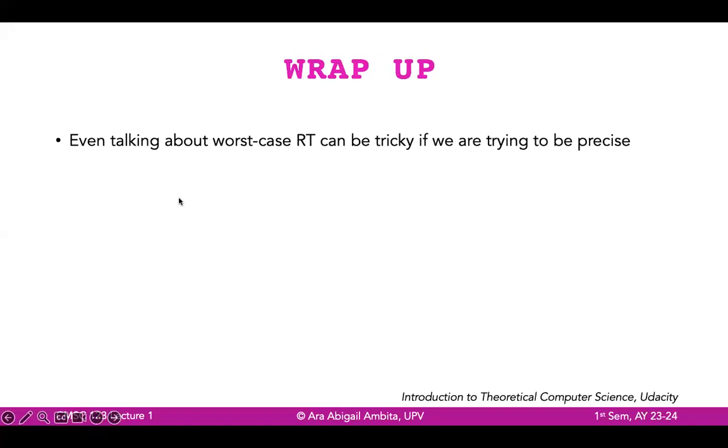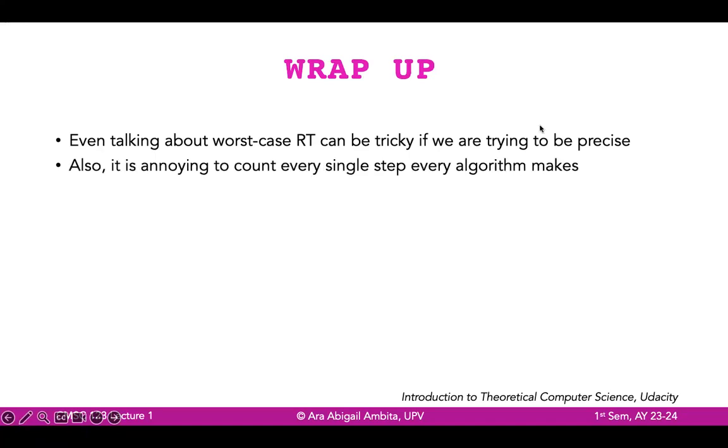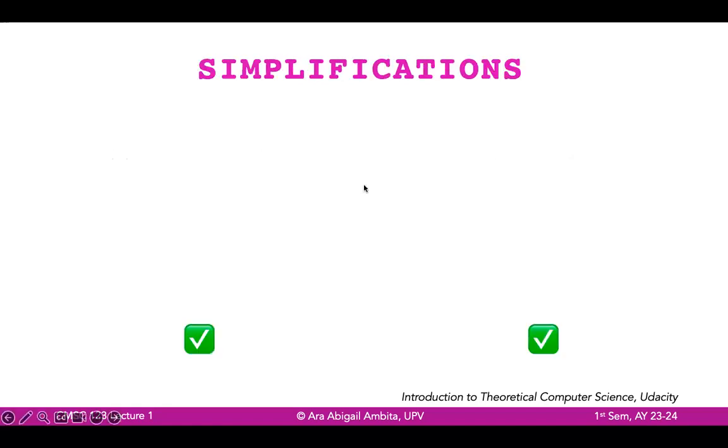Now, even talking about the worst case running time can be a little bit tricky if we want to be really precise. And as you have noticed from the last video, we try to count every single step that the algorithm makes.